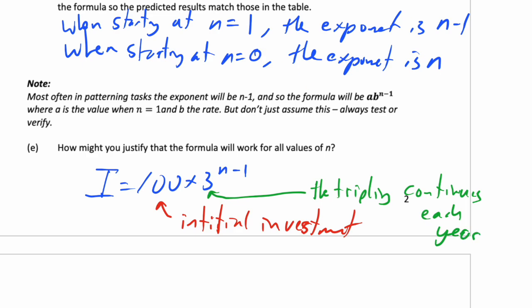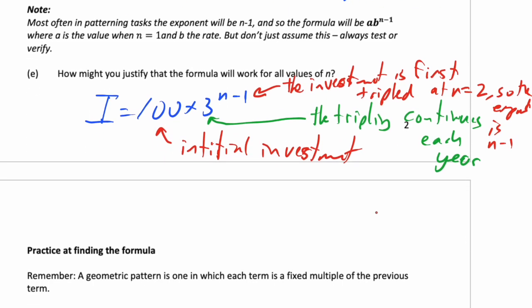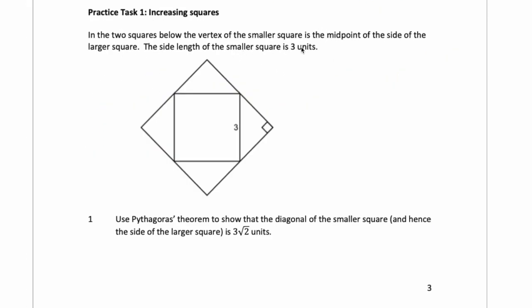And then we can perhaps explain the exponent. The investment is first tripled at n equals 2. So the exponent is n minus 1.